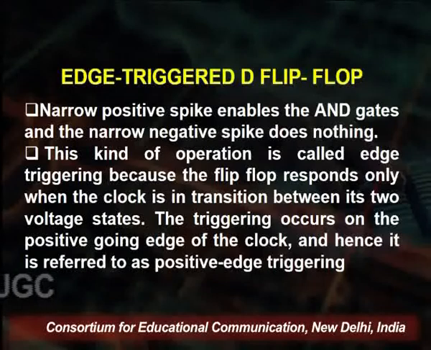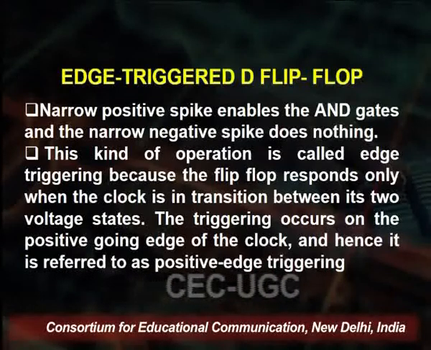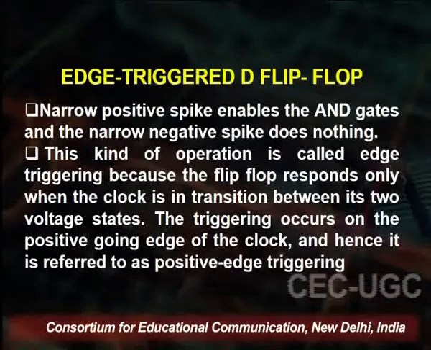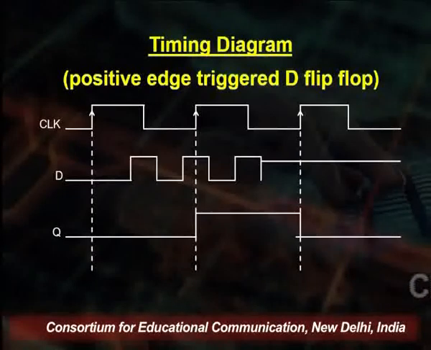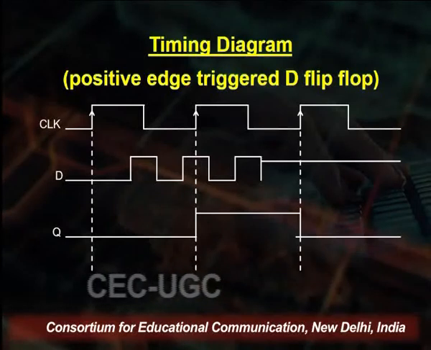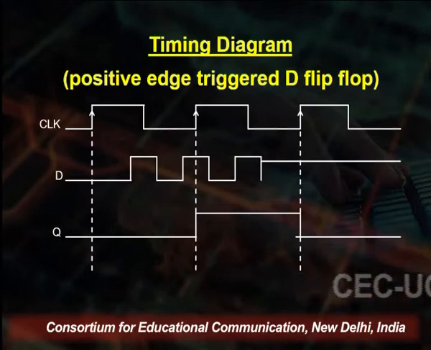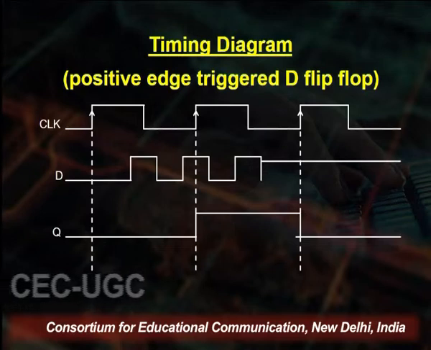The triggering occurs on the positive going edge of the clock and hence it is referred to as positive edge triggering. So the timing diagram for a positive edge triggered D flip-flop is just like this. On the top, first is the clock, and in this figure we can see there are three rising edges.